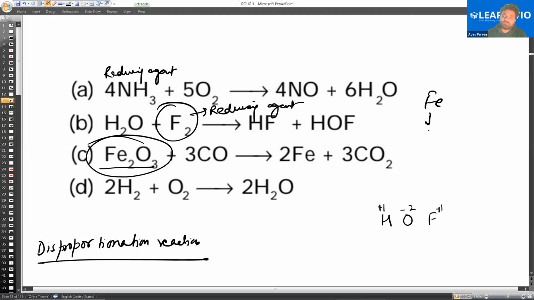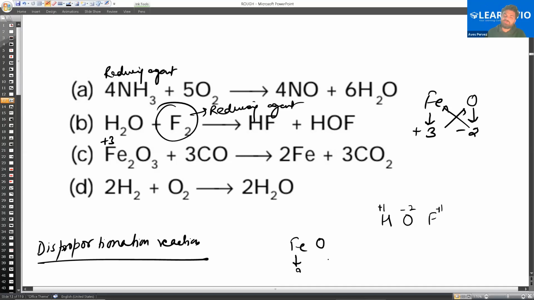Ferric oxide बना कैसे? It should be 3 and oxygen should be 2. Cross multiply, you will get Fe2O3. But oxide has -2, right? Yeah, this one is -2. तभी तो बना होगा ये. So iron should have +3 oxidation state. Otherwise if it were FeO, it would be 2 and -2, and that would cancel. समझ आया? So iron should have +3 oxidation state, and here it is having 0.